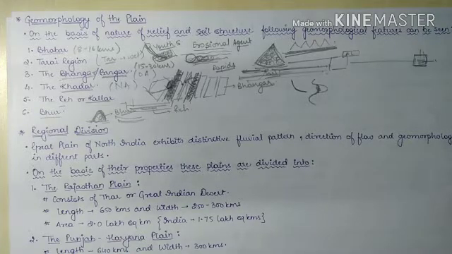On that basis, it is divided into four major regions. The first is the Rajasthan plain, second is the Punjab Haryana plain, third is the Ganga plain, and lastly we have the Brahmaputra plain.